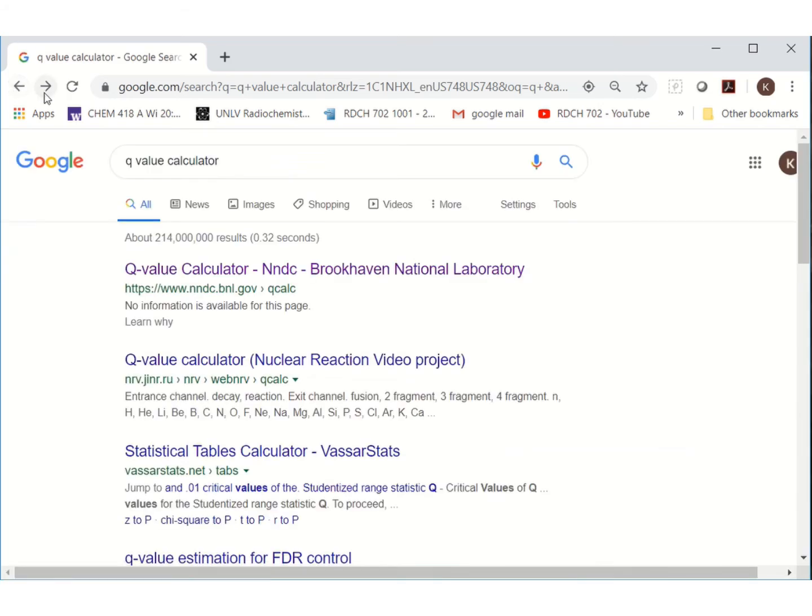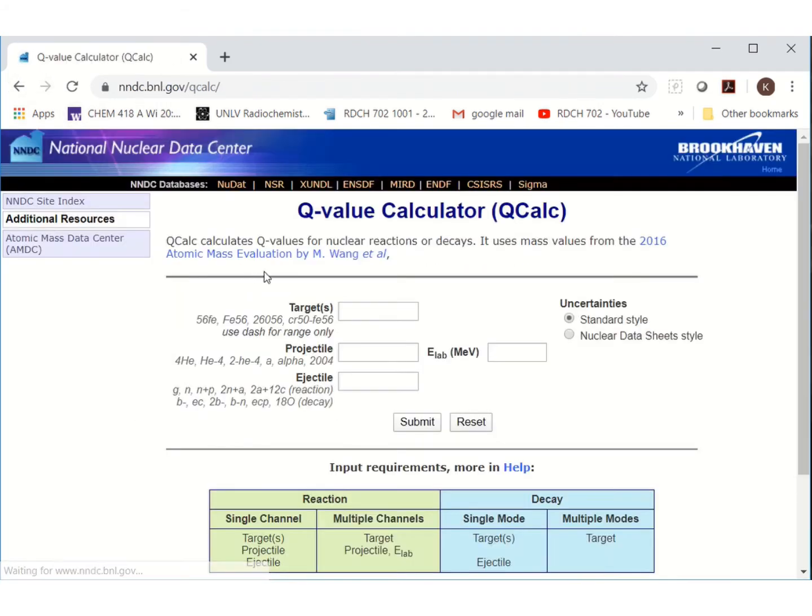We can go back, and the one thing about the Brookhaven calculator is that if I went to bismuth 212 and just wanted to add an ejectile, so a decay, over here I can list all these types of decays, which are shown here.